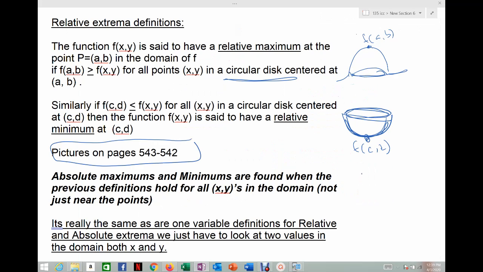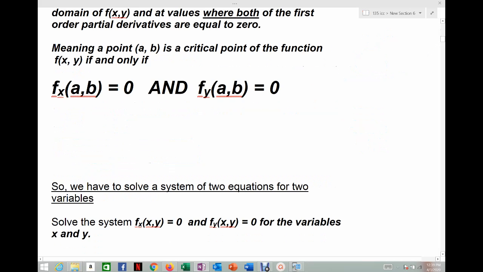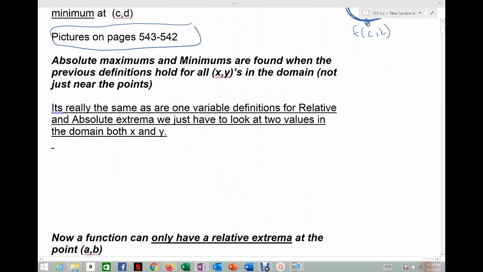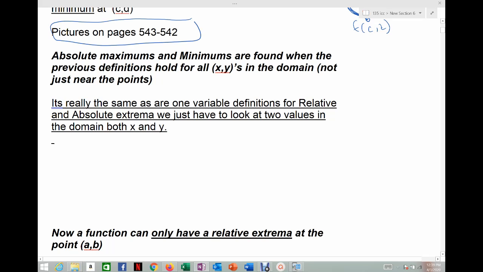Alright, absolute would be the singular biggest. Oops, too far. The singular biggest one. So again, the biggest maximum value on the domain. Just like the one variable case, it would be over the entire function, or at least over the part of the function we're interested in, it would be the biggest peak.